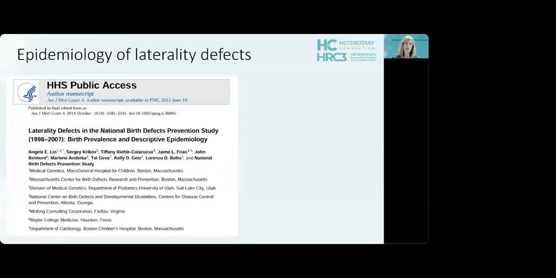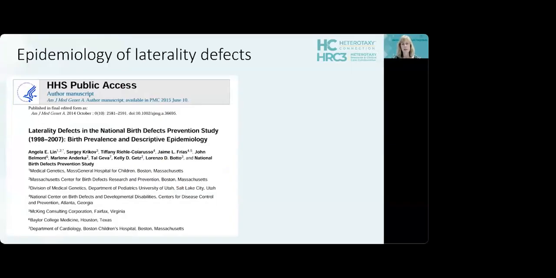And so just as an example of some of the miscommunication or misperceptions that can occur, I'll give an example from myself. I had been working in the laboratory on the developmental biology of left-right patterning for some time, several years, and had been seeing heterotaxy patients in clinic for several years at the time this paper came out. And so this is a really nice study on the epidemiology of laterality defects.